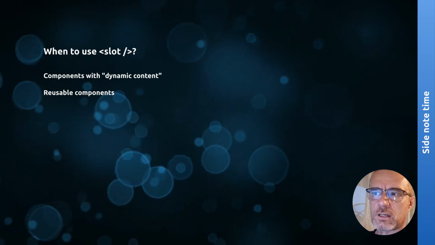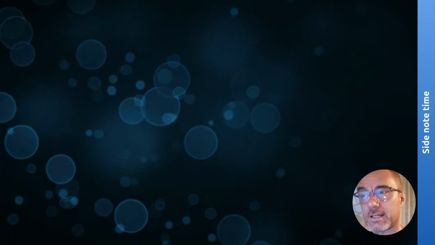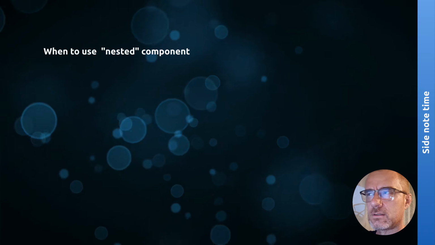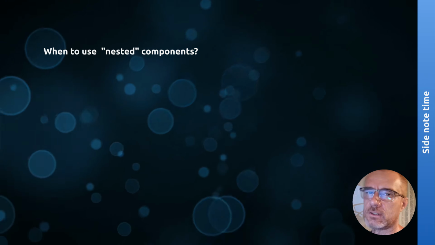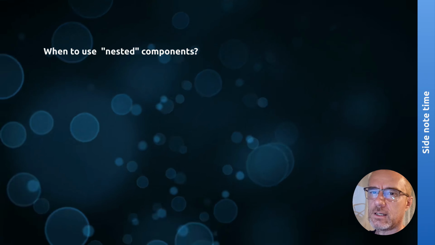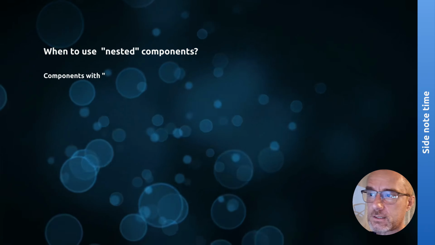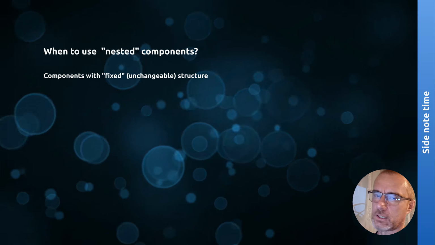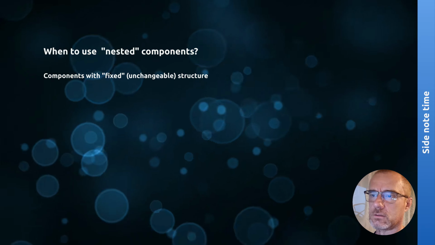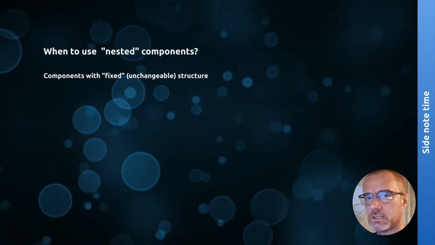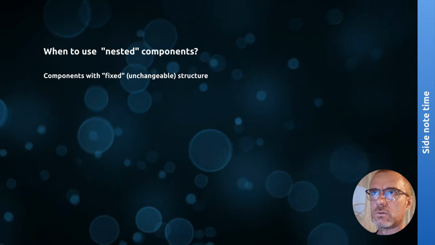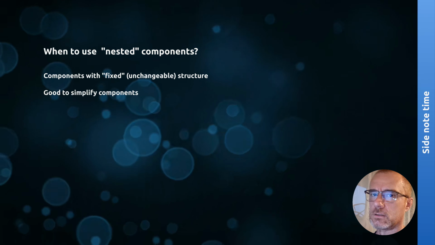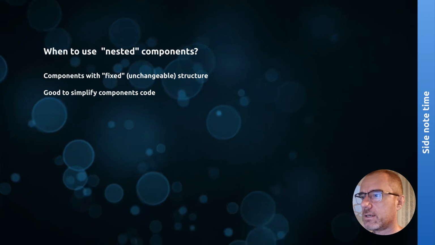When to put child components directly in the parent component? I think if we have a structure of the child components in the parent which is fixed and unchangeable, we can put these child components directly into the parent, which may simplify our application code.